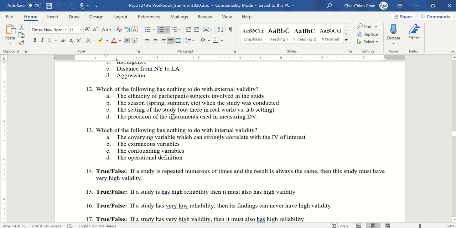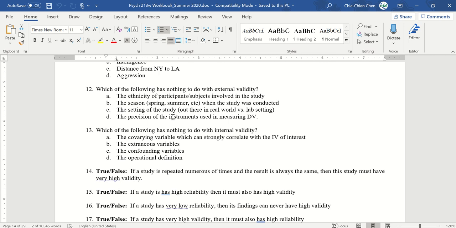Okay, number 12. Which of the following has nothing to do with external validity? So the external validity is really how generalized the results of the study can be to other people, other places, other times. Okay.